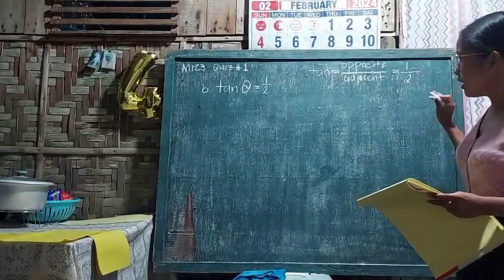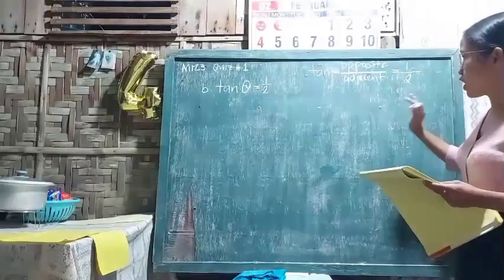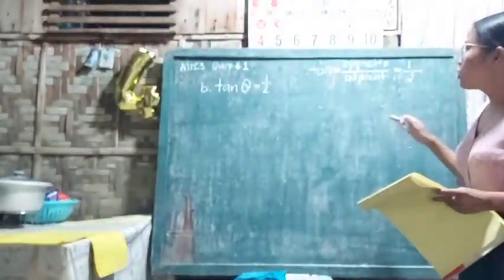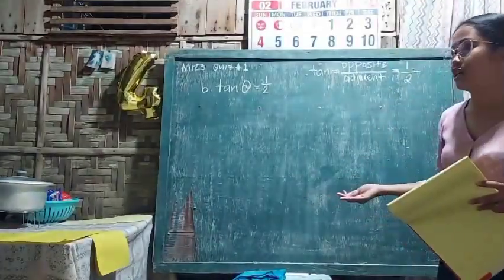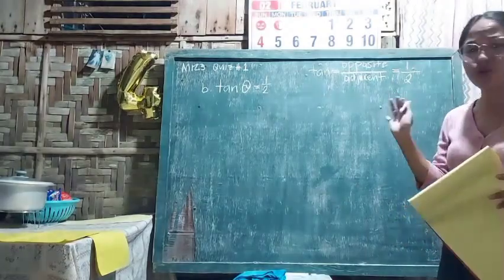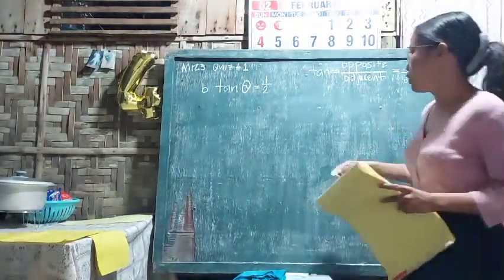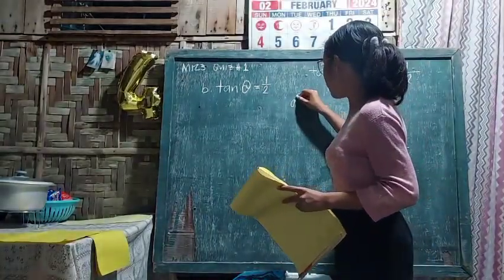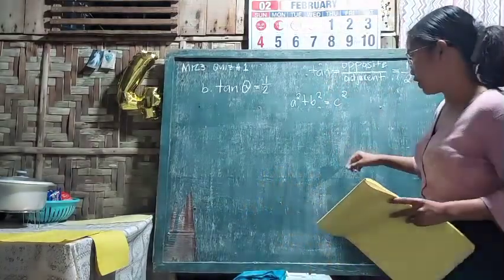Now the only thing missing here is the value of our hypotenuse. To look for the value of our hypotenuse, just like in item number 1 earlier, we are going to use the Pythagorean theorem, which is a squared plus b squared is equal to c squared.